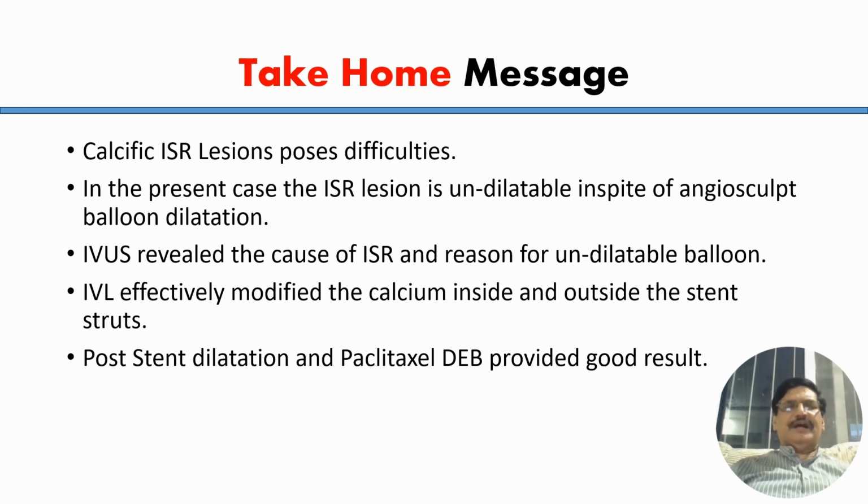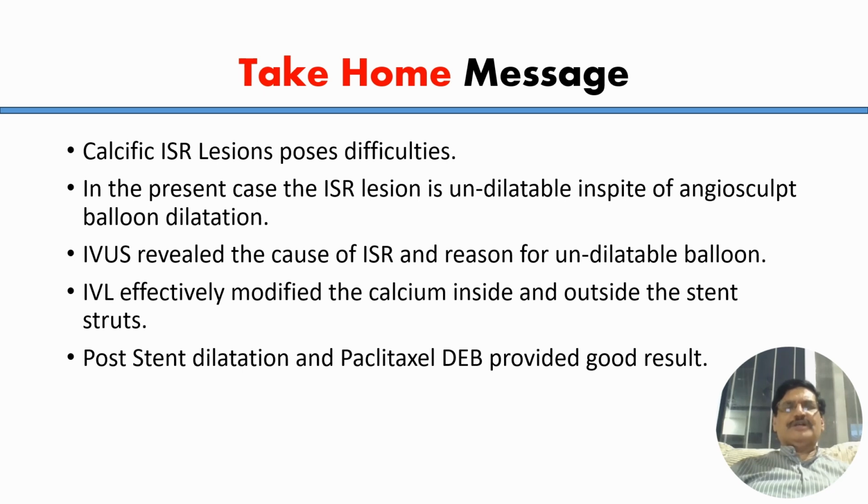And IVUS showed the mechanism: the cause of the ISR was undilatability due to an undersized stent. The vessel size is almost 3.5, but we deployed a 2.75 millimeter stent, which is grossly underexpanded and malapposed.